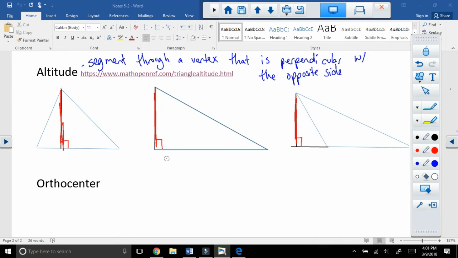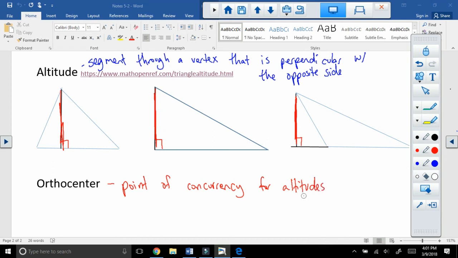Just like for all the other segments we've looked at in this chapter, these altitudes are going to come together at one specific point, and the point of concurrency for the altitudes is called the orthocenter. So I'll just write that this is the point of concurrency for the altitudes. I'm not going to make you guys know any more than that.